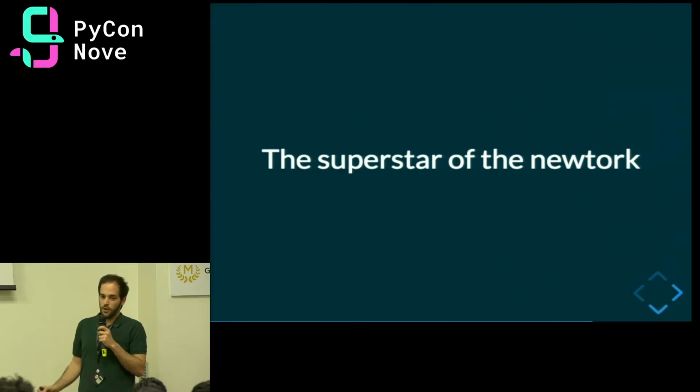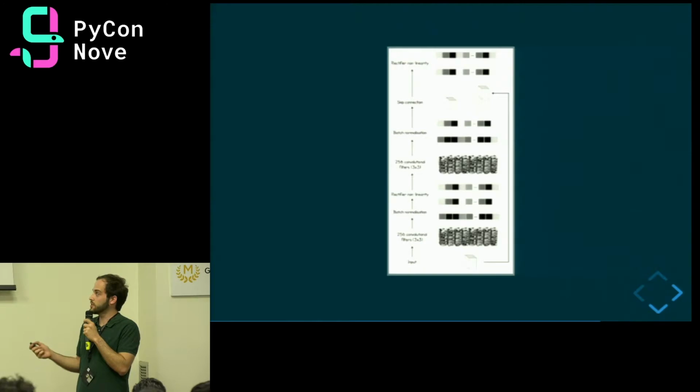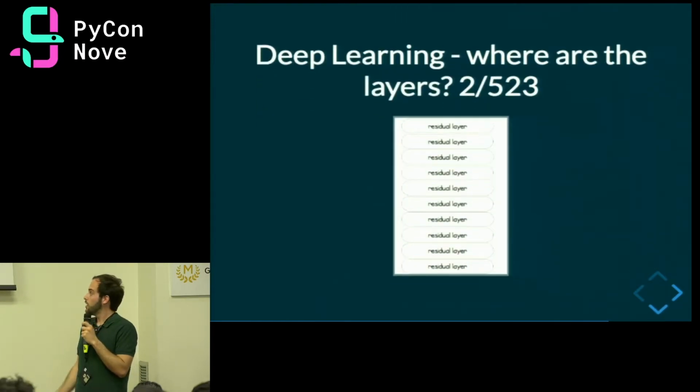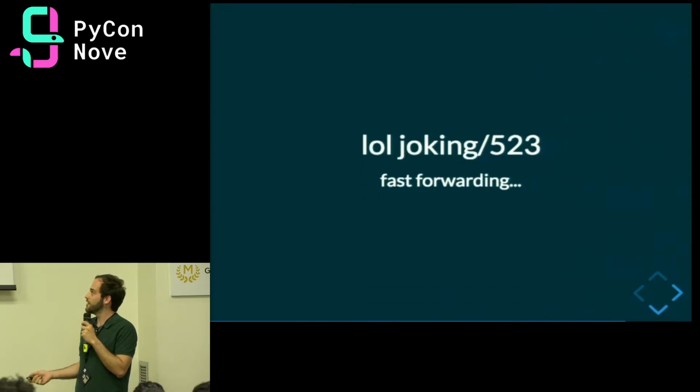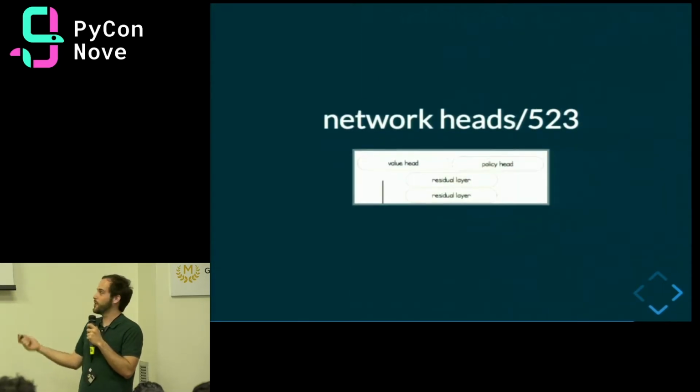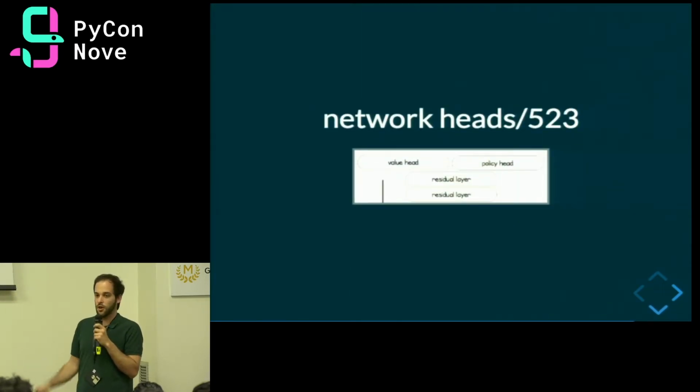The key element of this network is the residual network, which is nothing except a bunch of deep learning layers with the output concatenated to the input of each layer. With this approach, we can put many layers. There are going to be many layers. It's 40 layers, one on top of the other. And each one of these things is a million parameters.